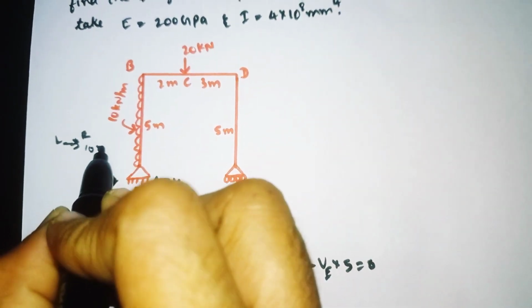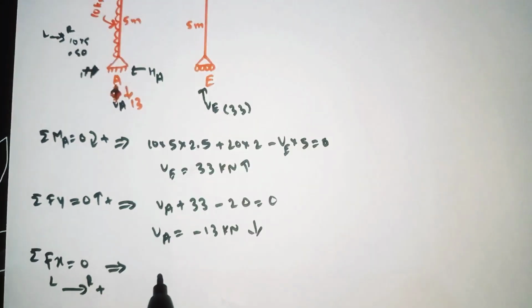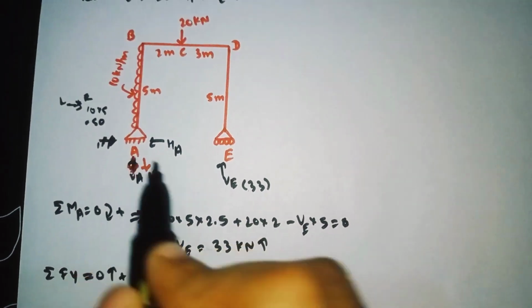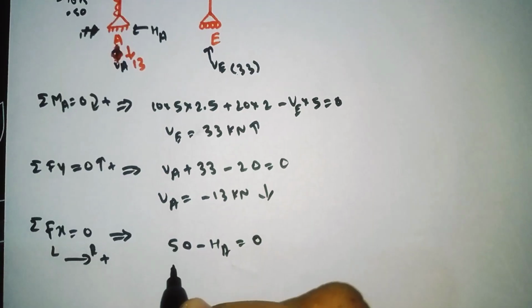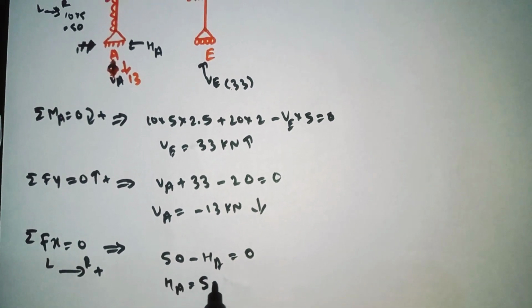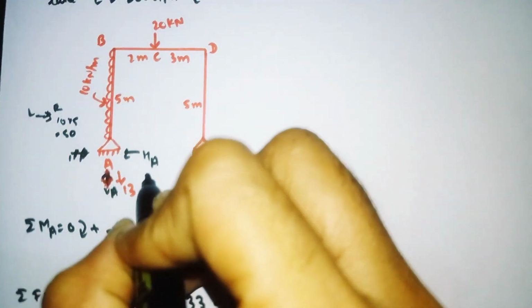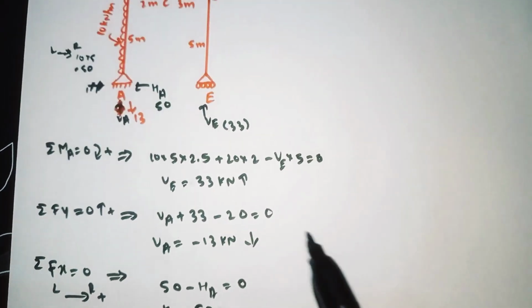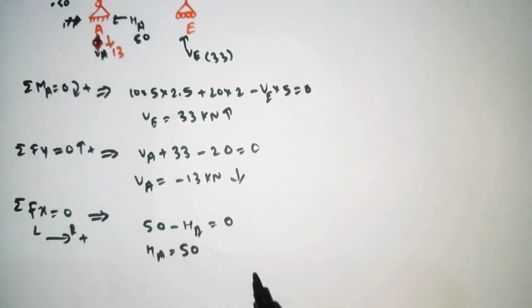So 50 minus HA, because HA is moving right to left, is equal to 0. Solve it. Our HA will come out as 50. So whatever direction we had taken was correct. HA is 50. This is how we need to find all the support reactions.